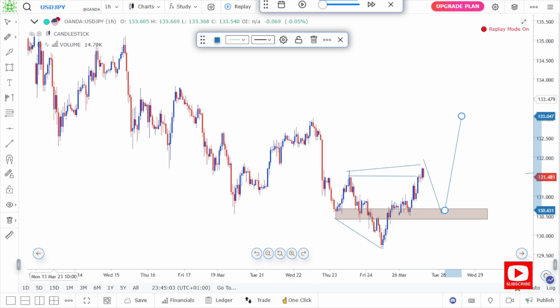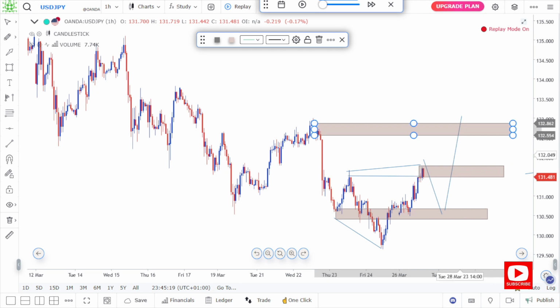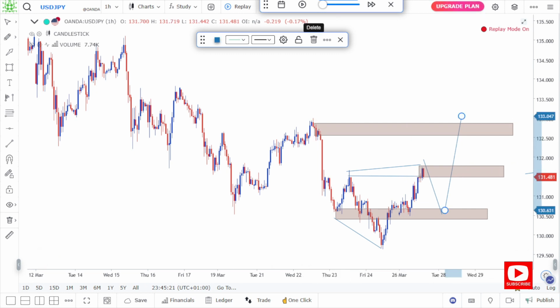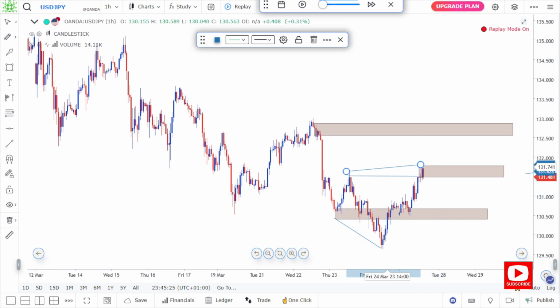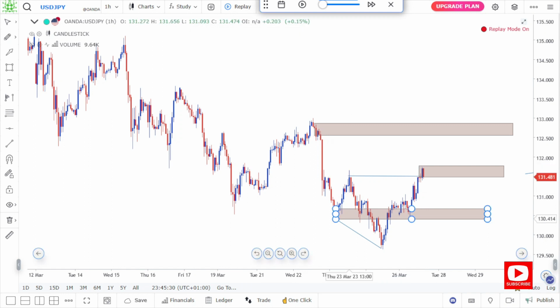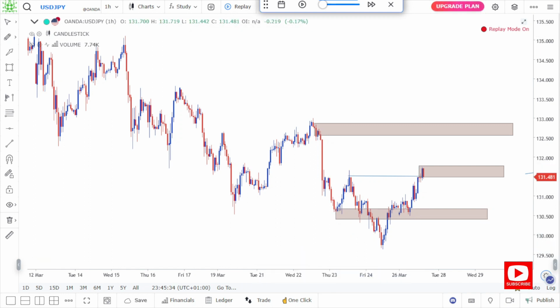Remember, we need to take profit in smaller zones first. So we will target this zone and this zone right here, if the Quasimodo works out very fine. Let me clean all these lines. Okay, let's see how this works out and plays in the market.